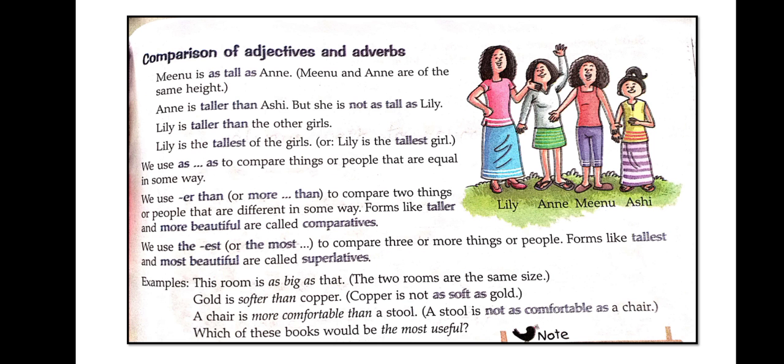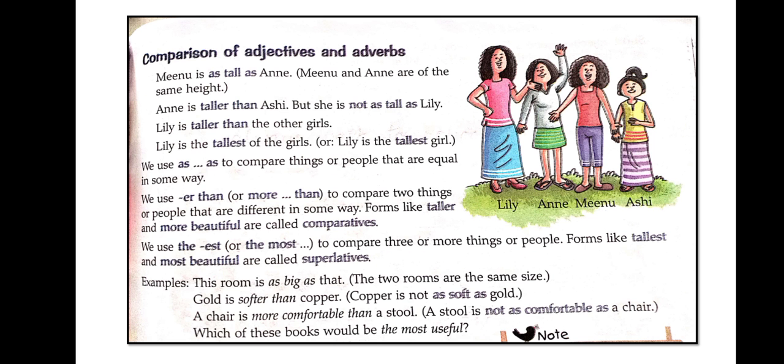So Annie is taller than Ashi, but not as tall as Lily, which means Lily is shown as the highest, the tallest girl. So it is said that she is not as tall as Lily. Lily is taller than the other girls, and Lily is the tallest of the girls.